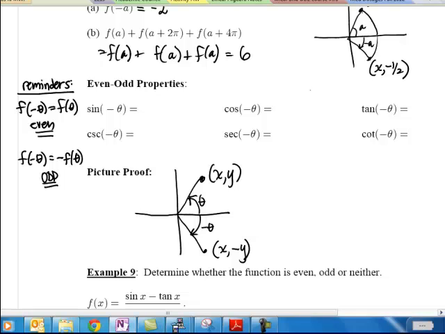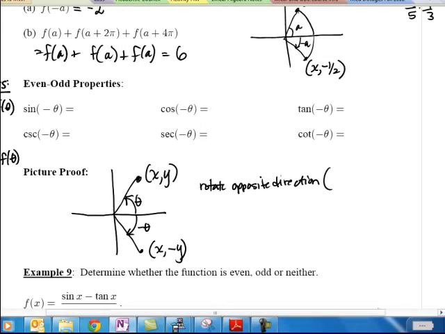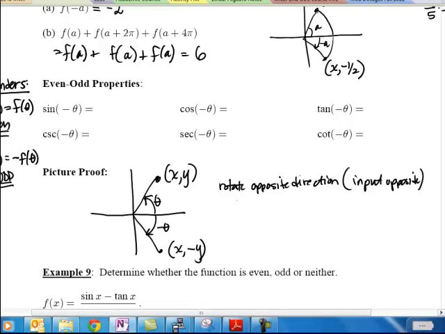That means if we rotate the opposite direction, which means make the input opposite, the signs that will change are on the things that involve the y-coordinate, right? So the sine function, the cosecant, the tangent, and the cotangent will all have opposite values.